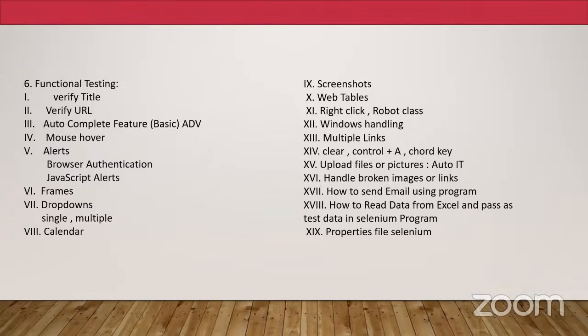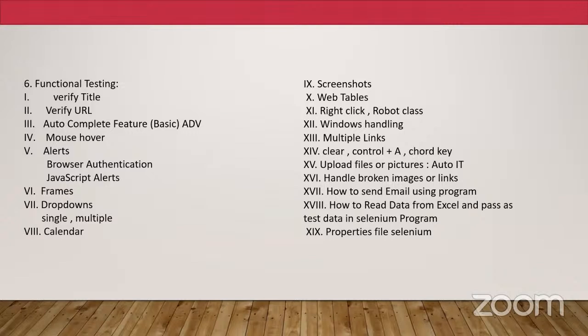Or if someone hits you, you'll cry, correct? So for a human, if you give different inputs, the human will behave in a different way, correct? The same way, for an application, if you are giving different inputs, we need to check how the application is behaving. That we call functional testing.